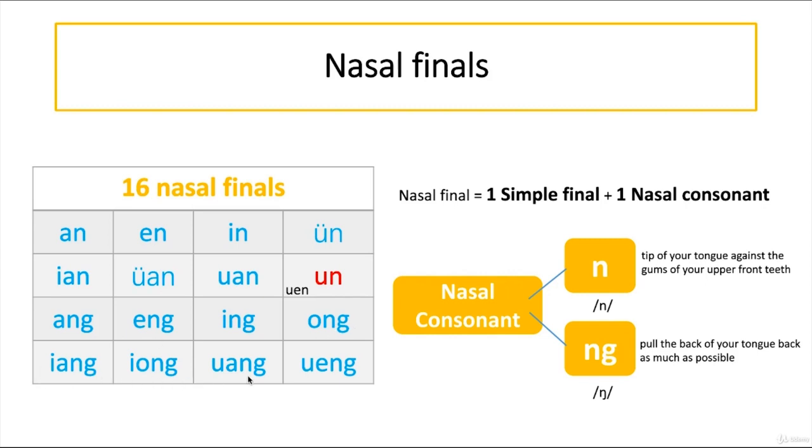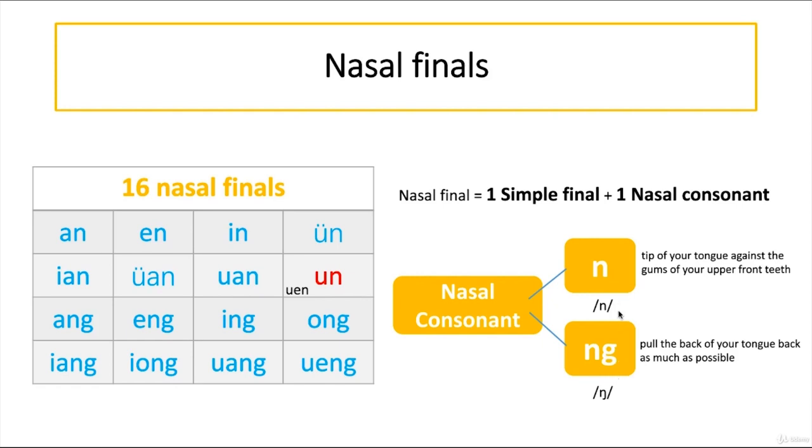Wen is written as un for short. For each nasal final, there is one simple final plus one nasal consonant. And there are two nasal consonants, n and ng. The sound of these two nasal consonants are similar to the ones in English.